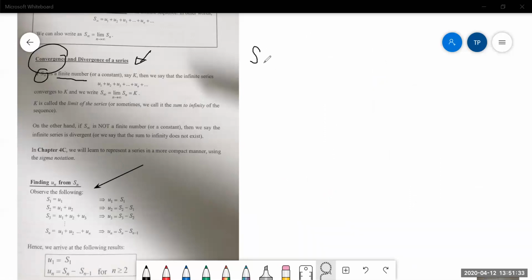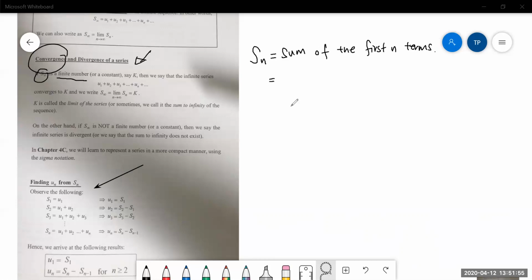We need to know what Sn is first. Sn means the sum of the first n terms.